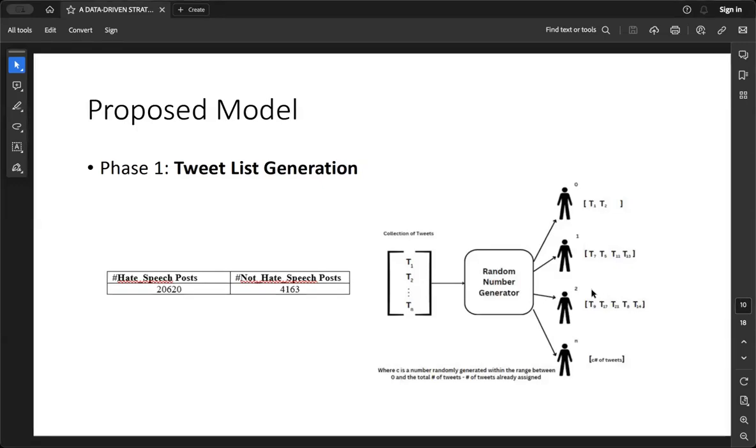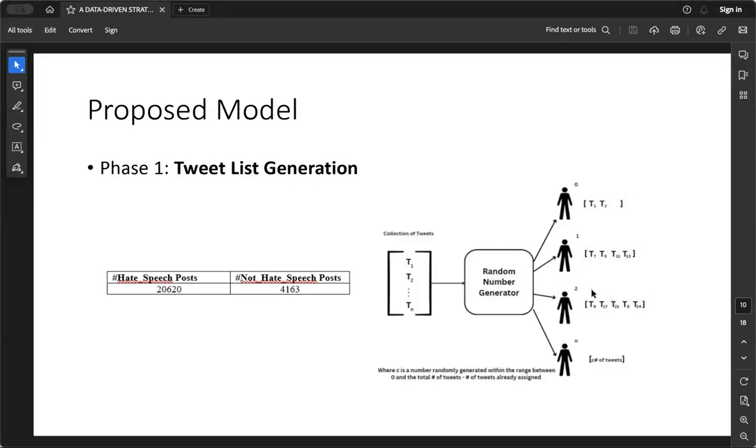We already had this data set containing hate speech posts that were already labeled. So we decided to pick up all of these tweets and then randomly generate a number and pick that many tweets from our data set and assign them to each of the users.